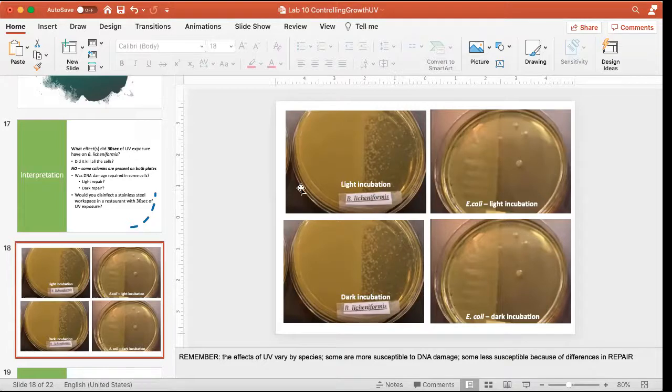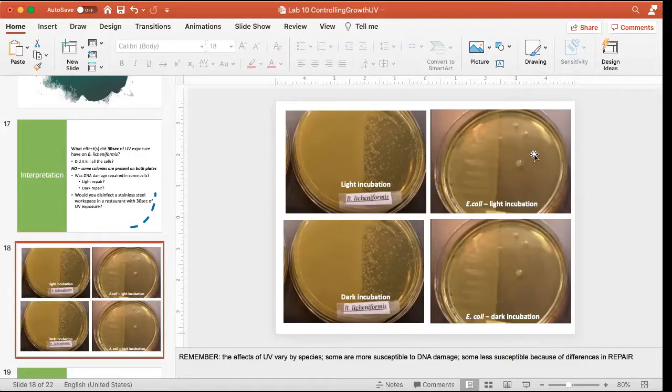I do want to ask a question though. I want to know, can I compare this plate and this plate? Can I say that, for example, Bacillus licheniformis did a better job repairing its DNA than the E. coli did? Obviously, fewer colonies grew on the E. coli plate, right?